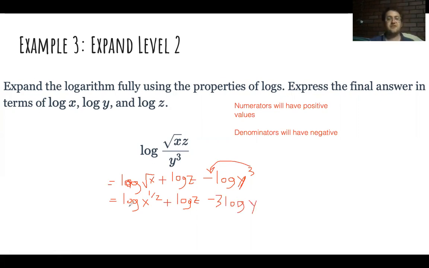I just have to put the 1/2 in front of the log x. So I'm going to have half of log x plus log z minus 3 log y. And then we're done.